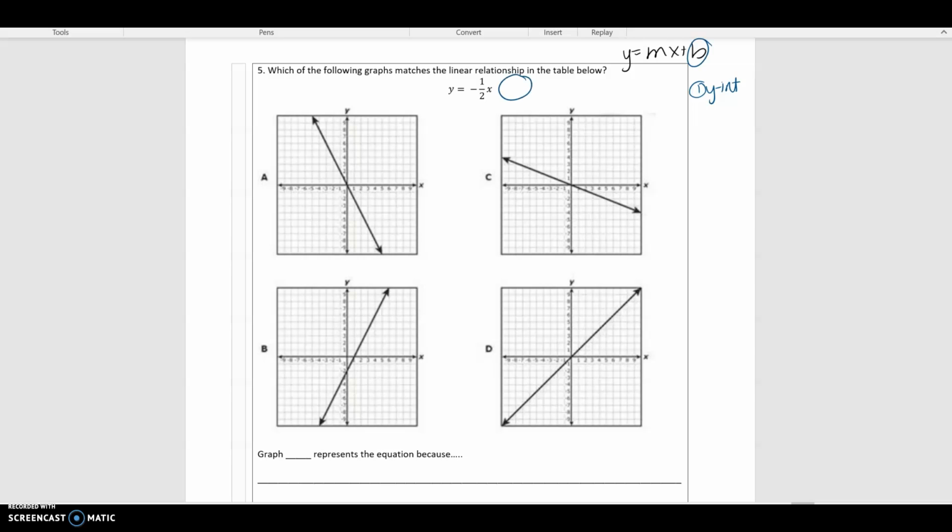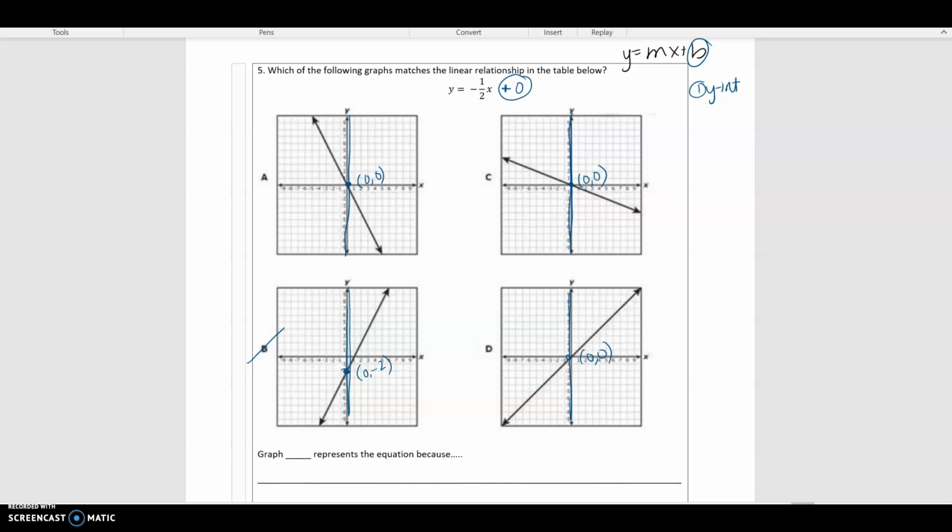So I don't see anything here, which means it's plus 0. That means it should be going through our origin, 0, 0. Good. Here it is going through my origin, 0, 0, that looks good. Here's my y-axis. Oh, it's going through down here at 0, -2. Nope. And then my y-axis, 0, 0. All right, so we're only able to eliminate D.